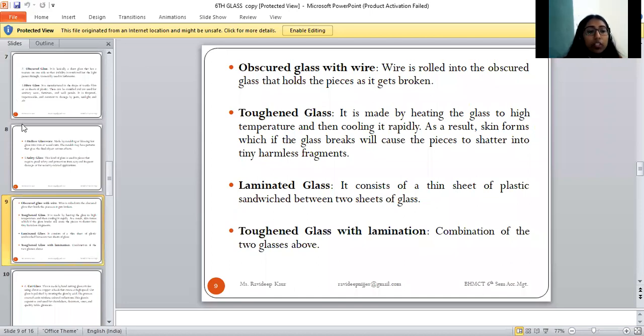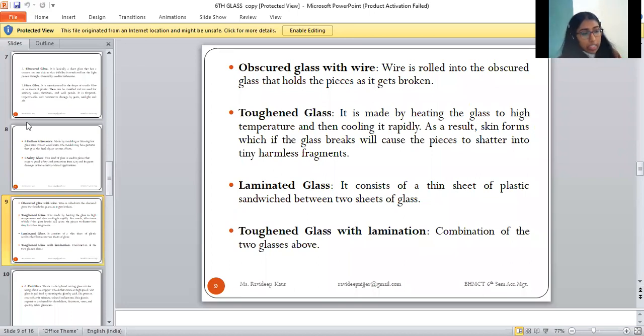It is cooled down very fast, which makes it toughened glass, and whenever it breaks, the pieces don't cause harm.